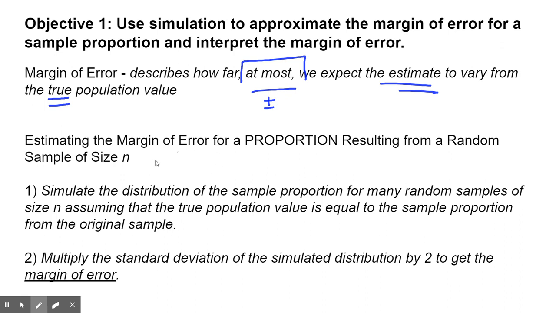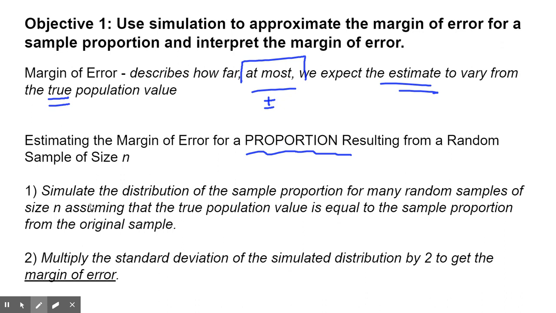So when you estimate a margin of error for a proportion resulting from a random sample of size n, you need to first simulate the distribution of the sample proportion for many random samples of size n, assuming that the true proportion value is equal to the sample proportion from the original sample. It's a lot of stuff. All we're doing is simulating, like you did in section 3.3 with the preferred cookie.